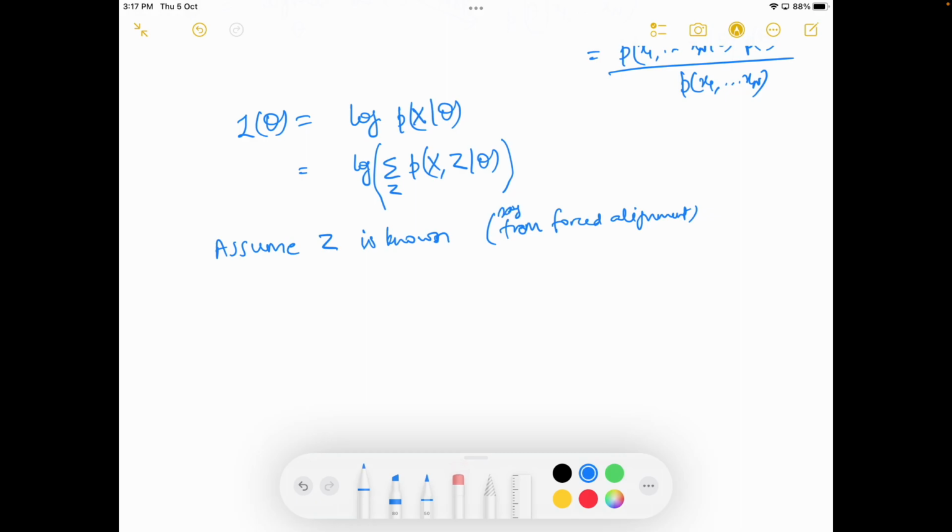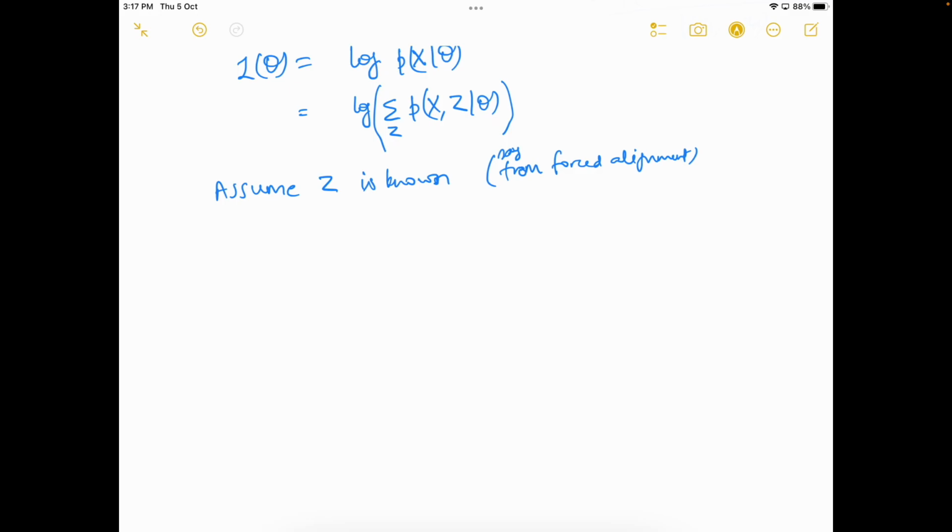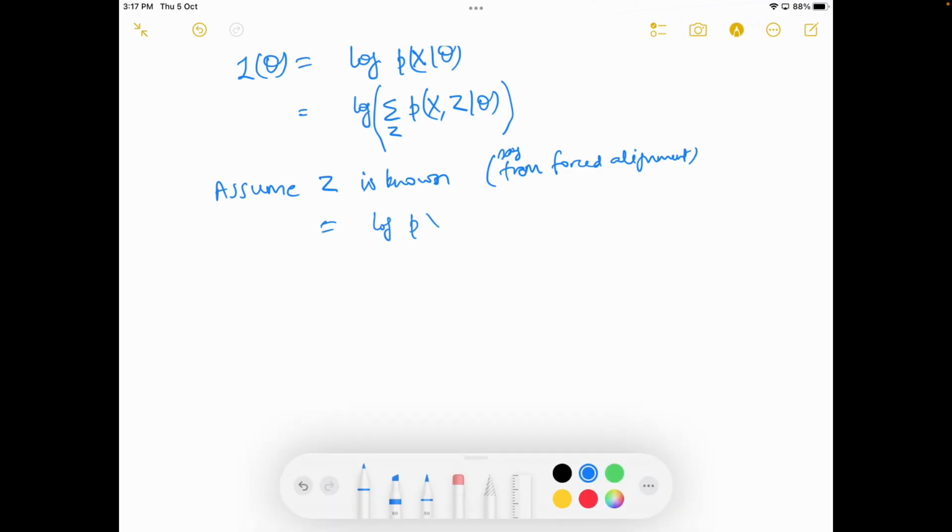Model parameters. All model parameters, like transition probabilities, initial probabilities, emission probability parameters, everything. So assume that z is known. If z is known, then this becomes simply equal to log of p of x comma z given theta.